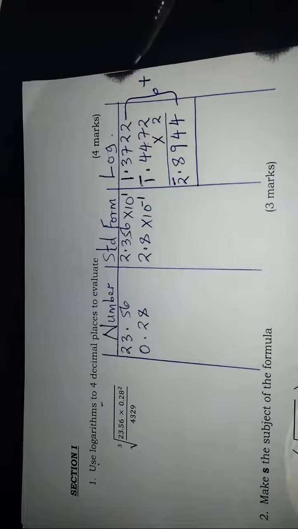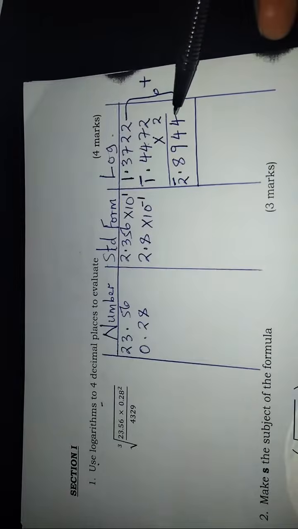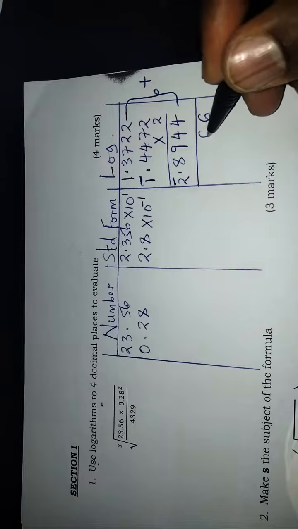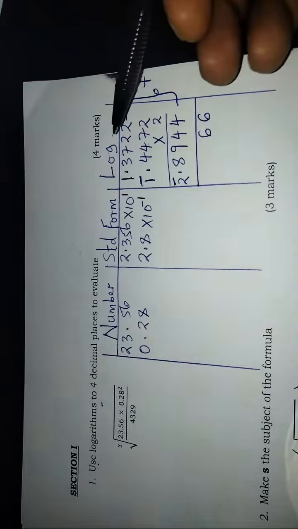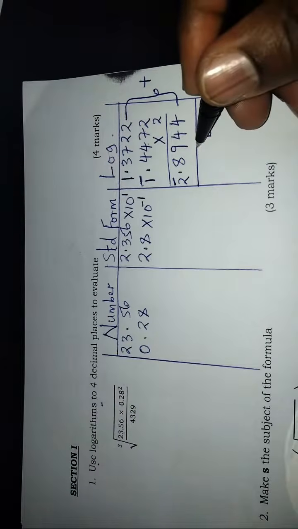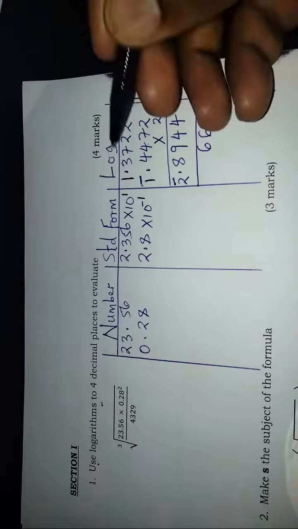So let me add the two logarithms. So I'm going to have 2 and 4, giving us 6. Then 2 and 4 again, giving us 6. Then we have a 7 and 9, giving us a 16. So 6, we carry 1.